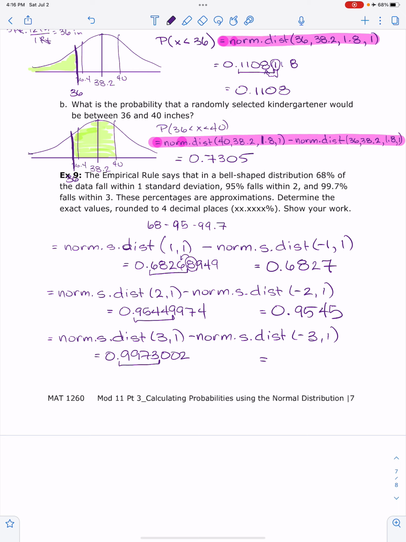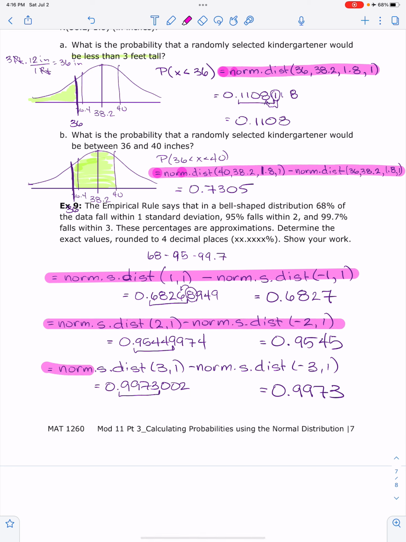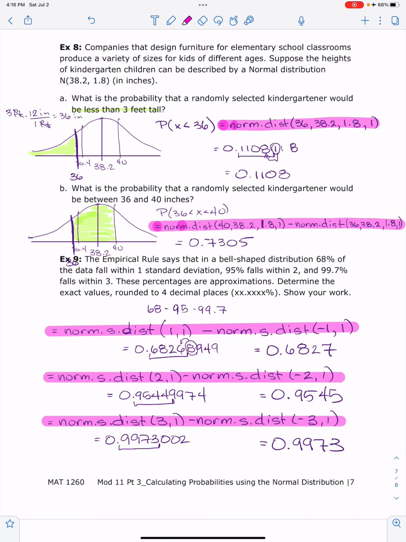This one's easy, it's followed by a 0. I get 0.9973. So just slightly over our 99.7. Let's go ahead and highlight those Excel commands again. And that's it for 11.3.